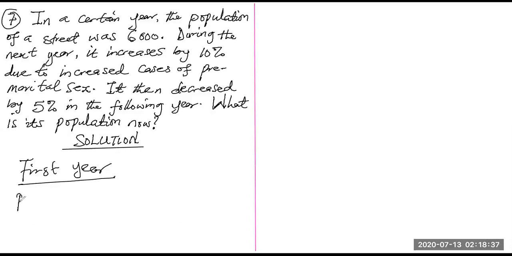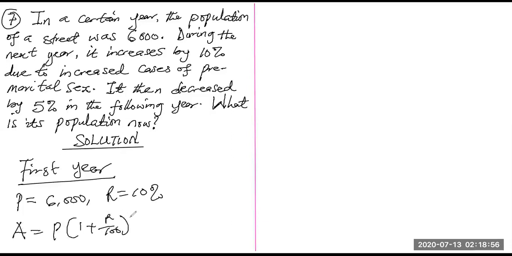So our P for the first year is 6,000, and our rate is equal to 10%. We are told that the population increased, so it's increasing. So A is equal to P into 1 plus R over 100, raised to the power n, and our n is 1.